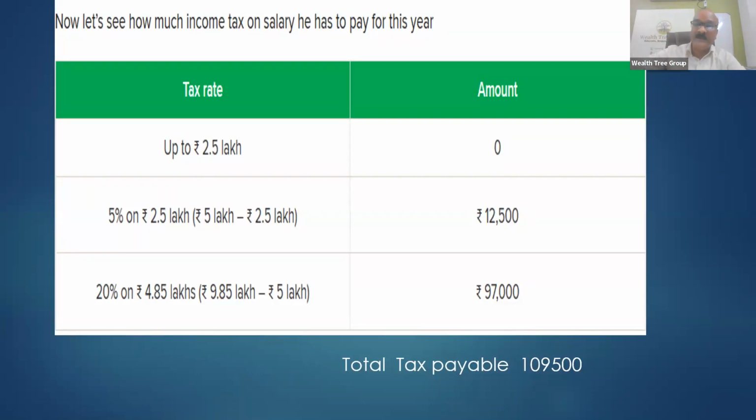The 20% on the 4.85 lakh balance is around 97,000, and your total tax payable is 1,09,500. That means on his 9,85,000 rupees, he is paying around 1,09,500 after all the deductions.